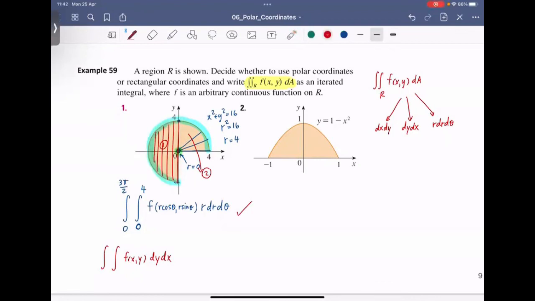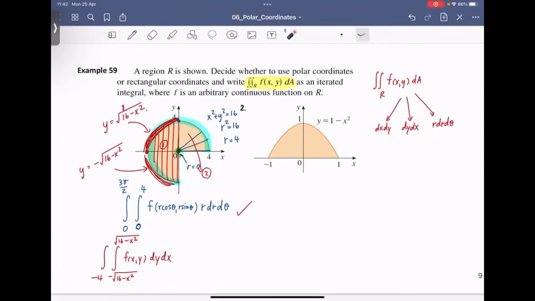Your bottom curve is y equals negative square root of 16 minus x squared, and the top curve is y equals square root of 16 minus x squared. And then your x goes from negative 4, the outer bound of the range, to 0. And then you add the integral from 0 to 4, with f of x, y dy dx.